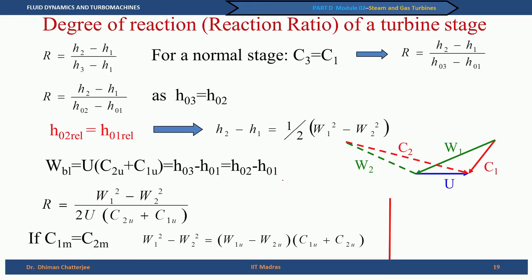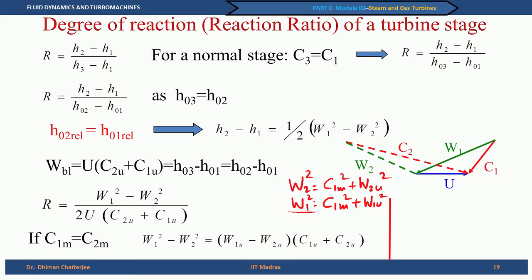You can write, for example, W2 square equal to C1m square plus W2u square, and W1 square as C1m square, because I have assumed that C1m equal to C2m, plus W1u square.